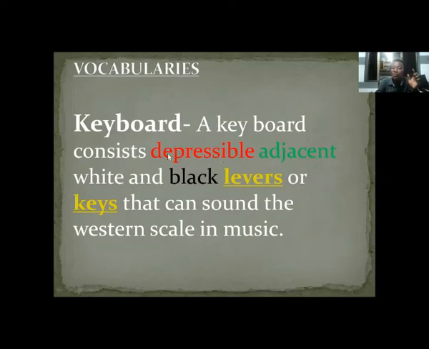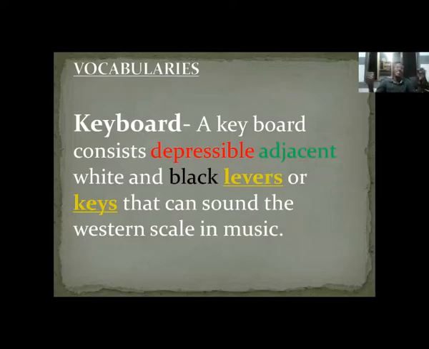So depressible means the white and black keys can be pushed down. And these white and black keys or levers are adjacent to each other. It means they are next to each other.